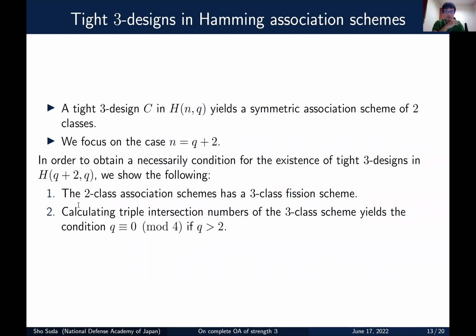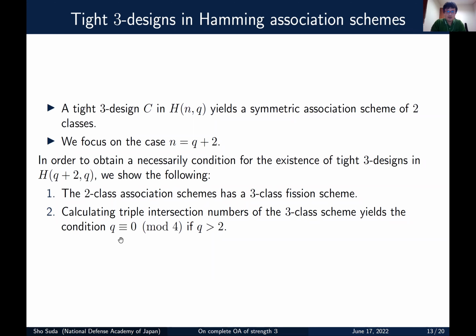First, we want to show that a two-class scheme, or strongly regular graph, has a three-class fission association scheme, namely we construct another association scheme of three classes. And then we calculate the so-called triple intersection numbers of the resulting three-class scheme. Then we arrive at our main result.